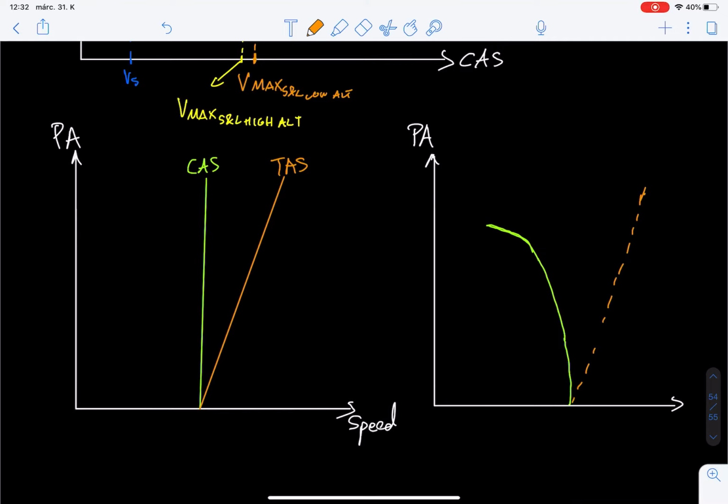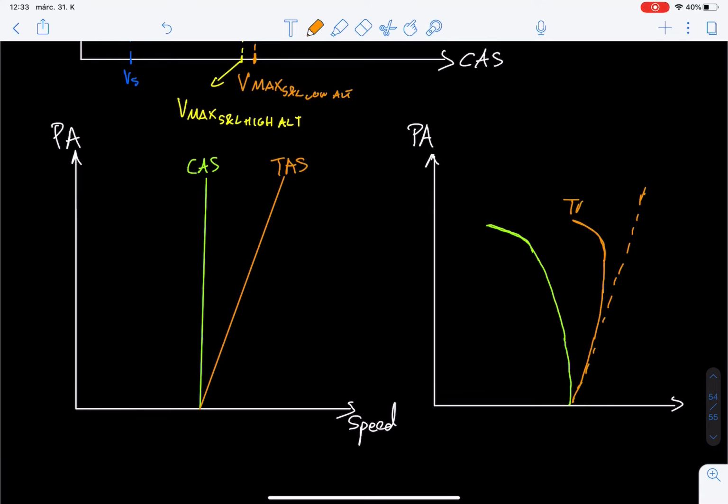But right now, because it's slightly decreasing, in reality it's going to look like this. And it's still going to increase, but much less steeply. In the beginning it's going to be closer to this curve, and at higher altitudes it starts to increase less and less, and there's going to be a point when it's going to flatten out, and after that, because of this reducing effect, it's going to start to eventually decrease as well.